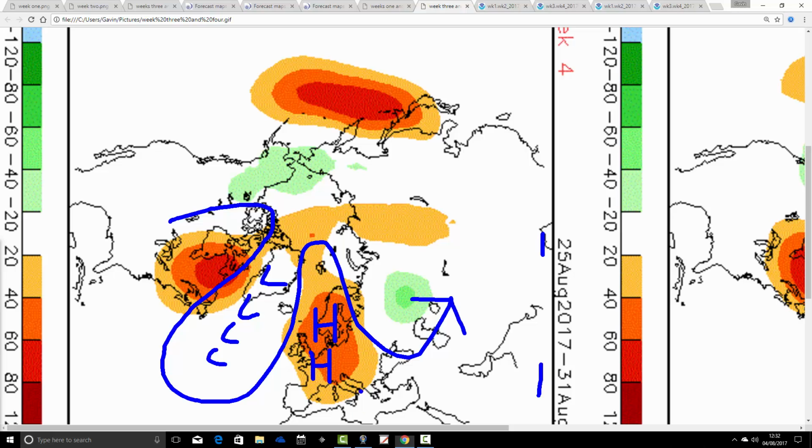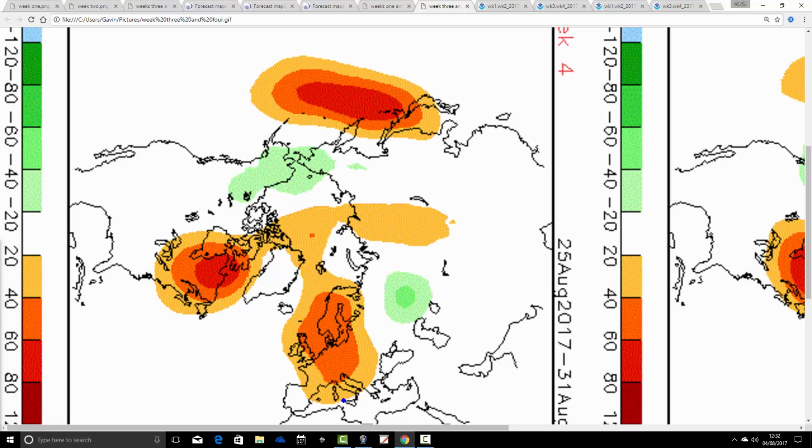And now we will be starting to drag up the air from a southerly, southeasterly direction. So that could be bringing significantly warmer and drier conditions as we head through the latter stages of August. So it takes a long, long time to get there, but eventually summer does return here.